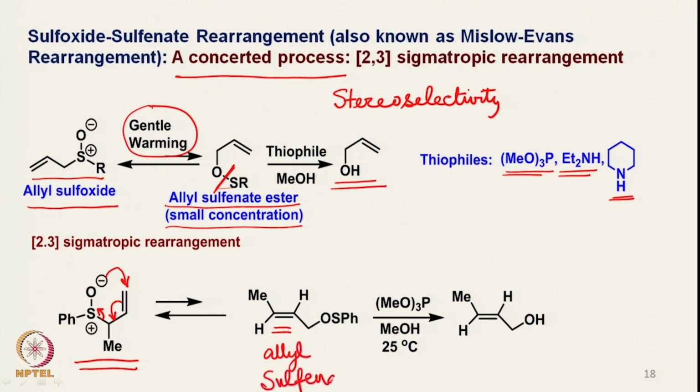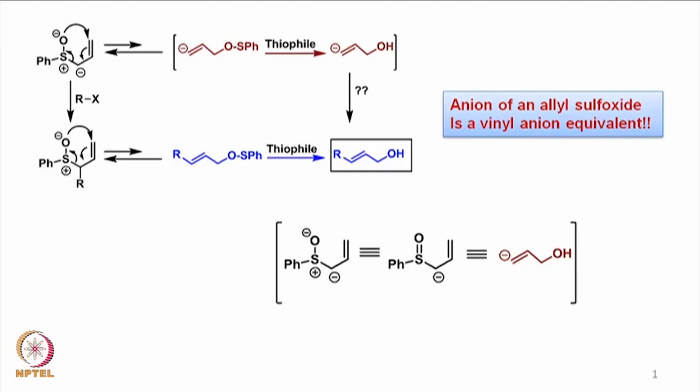And then of course the cleavage with the thiophile, you go to the corresponding E-allylic alcohol. Now we can do a lot of interesting reactions with this allyl sulfoxide sulfenate rearrangement reaction.